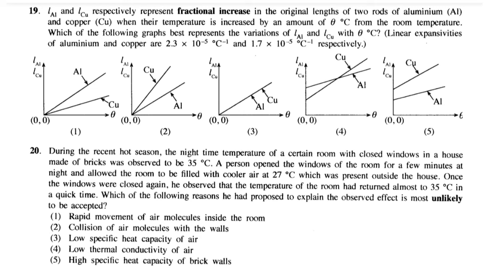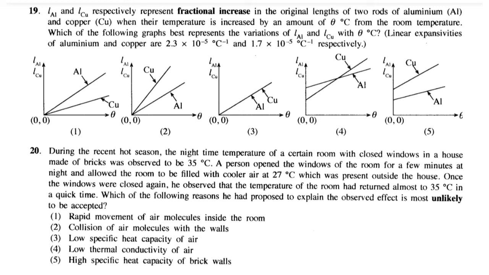You know, during the daytime, both the bricks and the air get heated up. During the night time, both will cool down. But the cooling rate of the bricks is lower than the cooling rate of air.